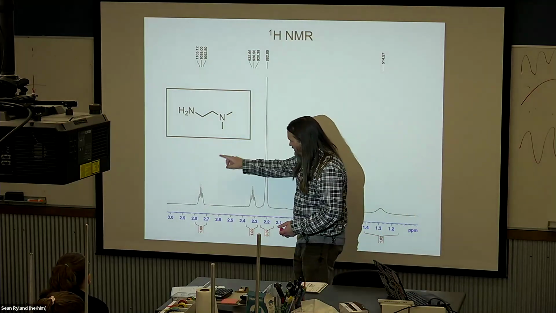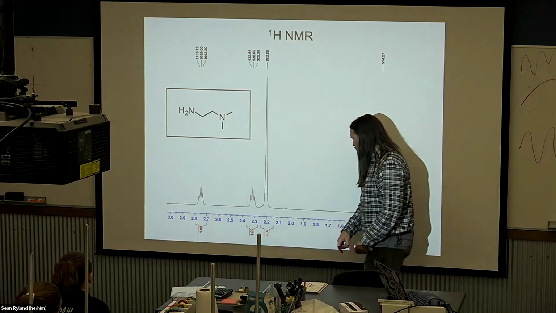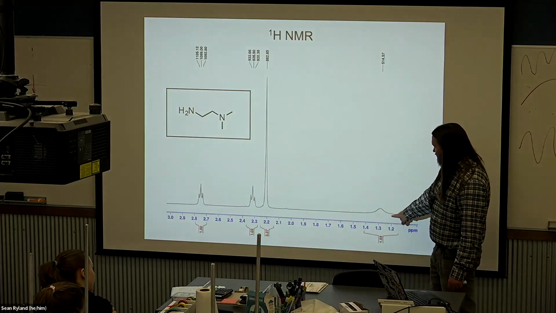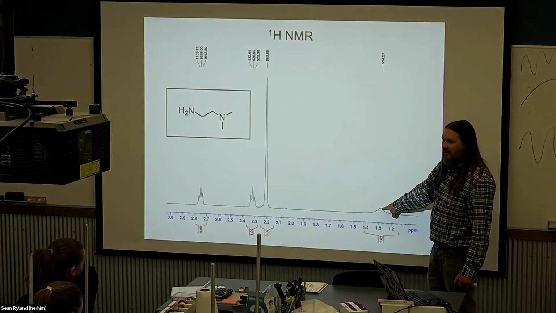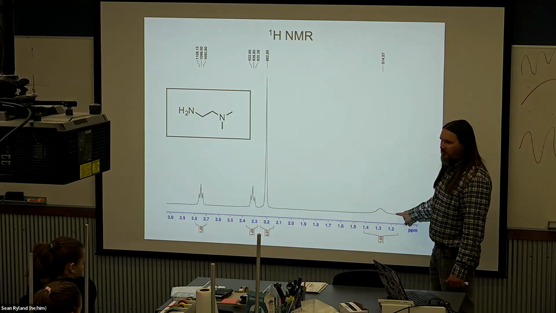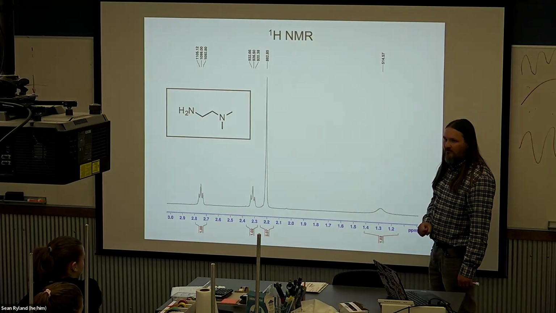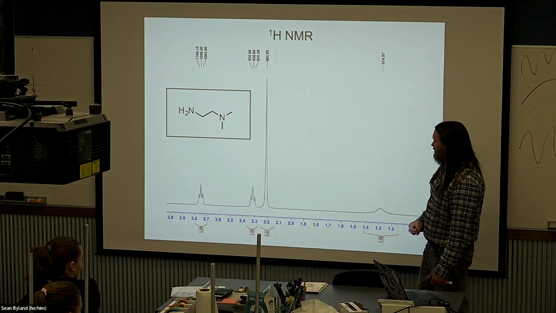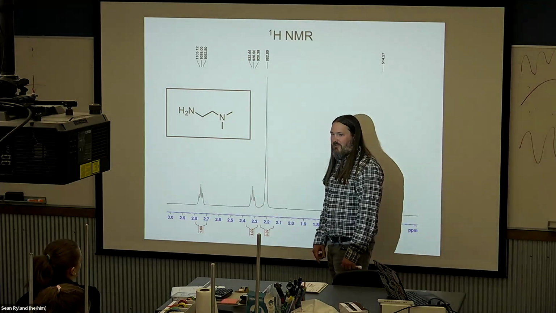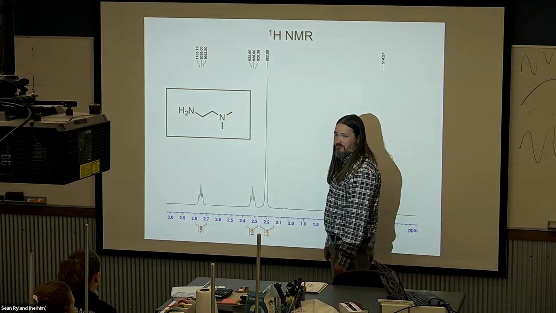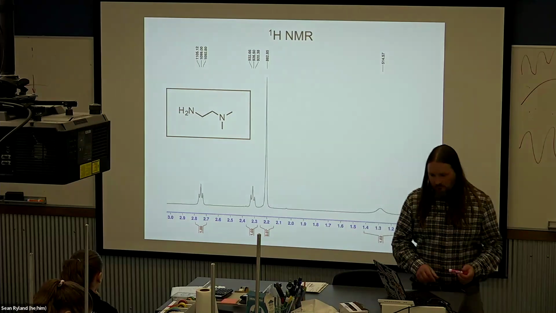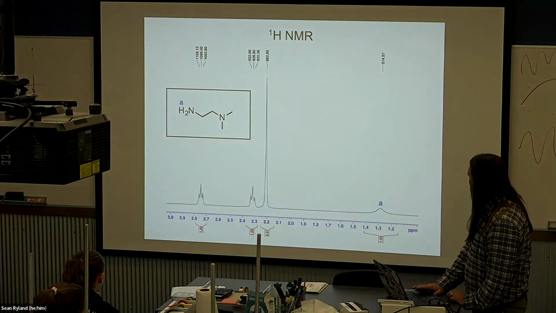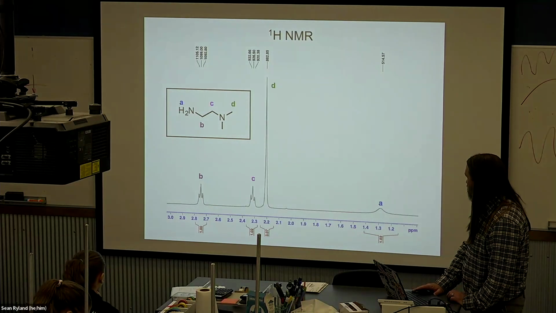So we've got a CH2, something that's broad, not coupled to anything else, that also has an integration of 2. So what is that one? It's going to be the nitrogen, which means this one that's got 3 times as many hydrogens has got to be our methyls. Exactly what we expected.